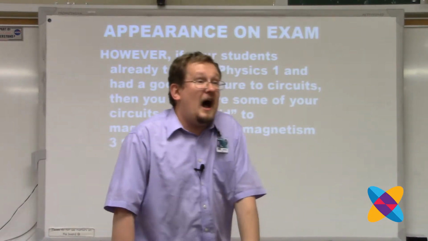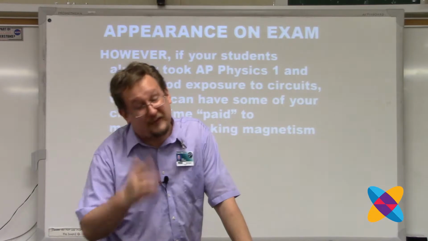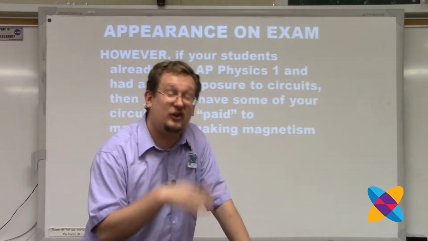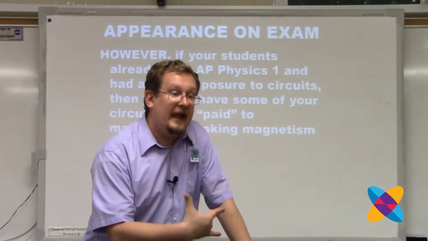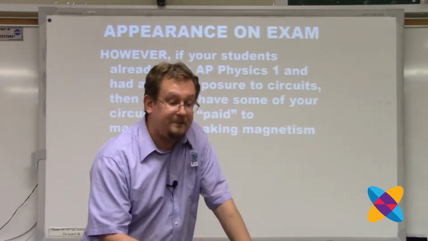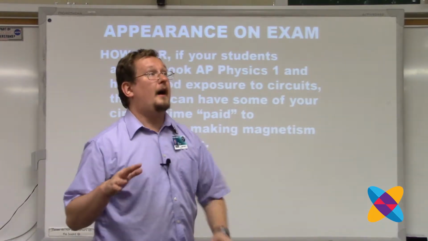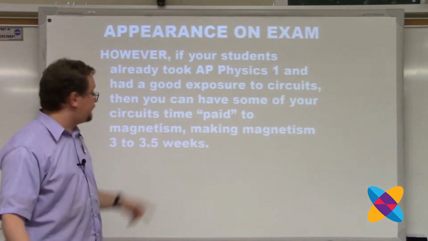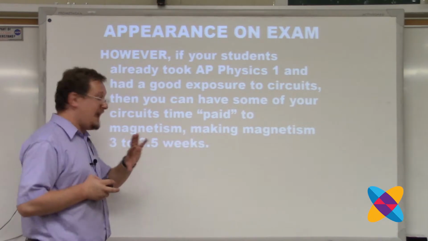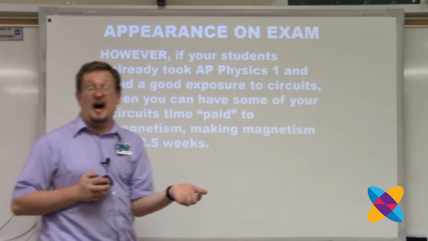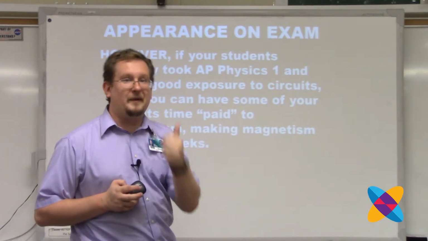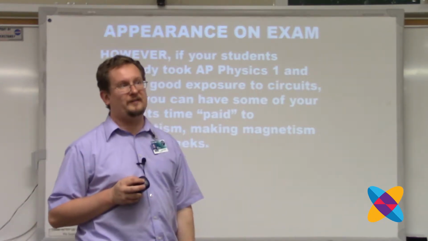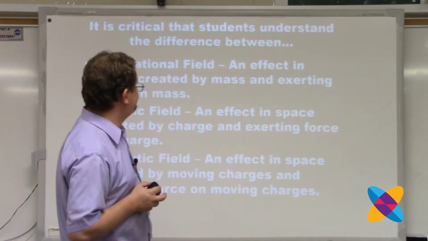For me, I spend less than 6 weeks, even though that's the recommended amount of time, on circuits, because I do what I would consider to be a good job of teaching circuits in AP Physics 1. That being said, what I would do is I would not spend more than 3.5 weeks on magnetism. So for me, it's 3.5 weeks on magnetism and then I give some of the other time to atomic and nuclear physics, which is showing up more on the AP Physics 2 exam than I thought it would.